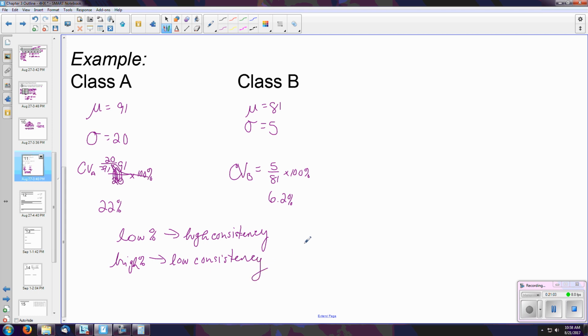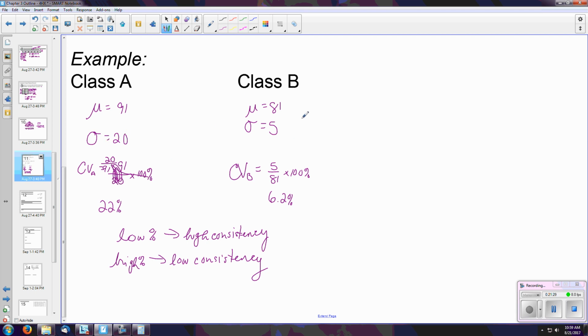So if I were to ask you something like, which class scored better, that's open to interpretation, but use the coefficient of variation to determine what that might imply. It looks at first glance, with a mean of 91, that Class A did better, but 22% variation means that your scores were all over the place. You might have someone who got a 40, someone who had a 100 with perfect whatevers.